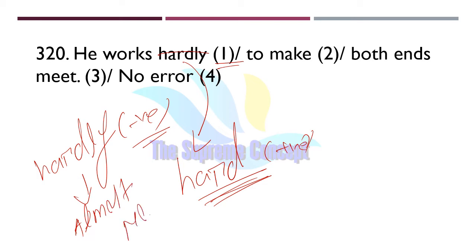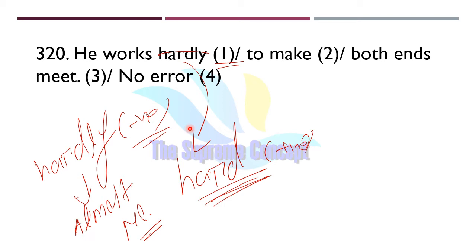Almost no. Okay, so see, why we will use hard here, the positive word, because as you can see the sentence shows he works hardly. Okay, he works hardly to make both ends meet. So this, to make both ends meet, it is an idiom and it shows to fulfill minimum requirements, or to fulfill somebody's needs.